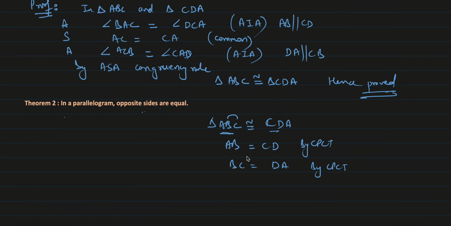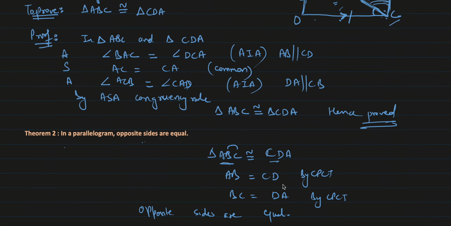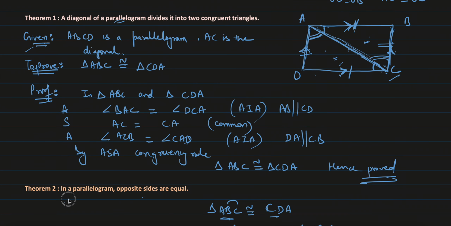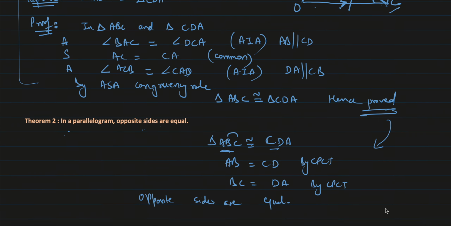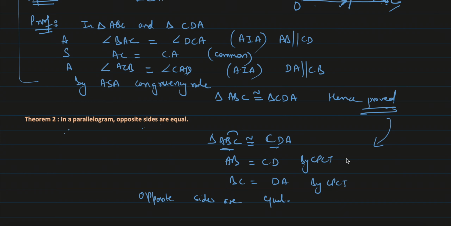So we can say that opposite sides are equal in a parallelogram. The proof of theorem 2 is in continuation from the proof of theorem 1. Okay students, I hope this part is clear. From theorem 1, with the same steps, you just have to use CPCT to prove the further two steps, that the opposite sides are equal.